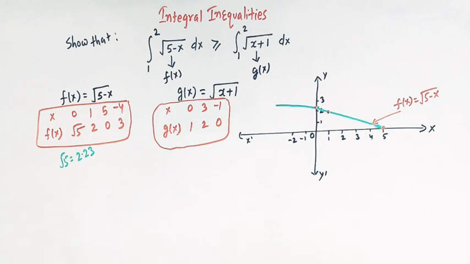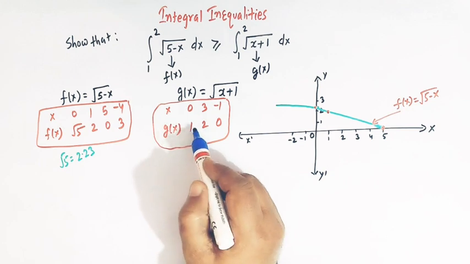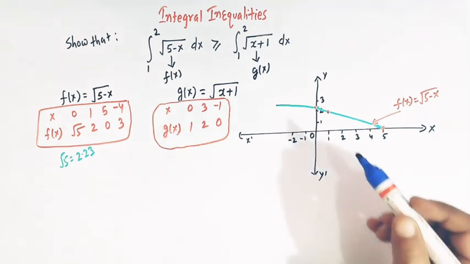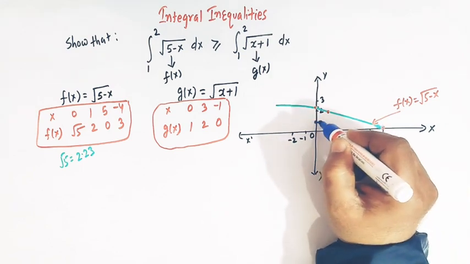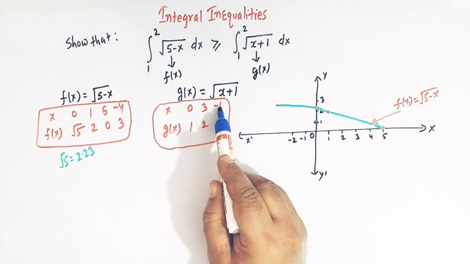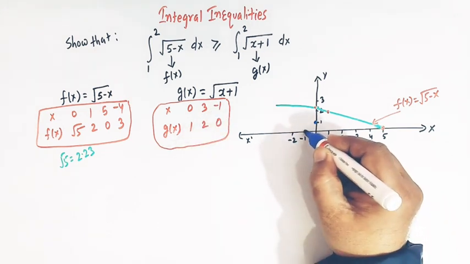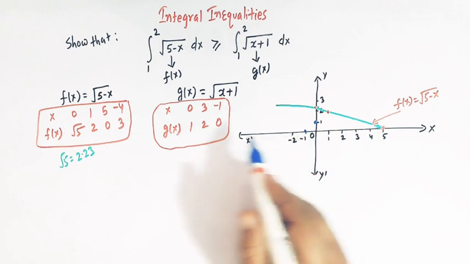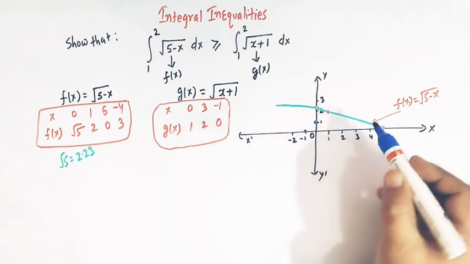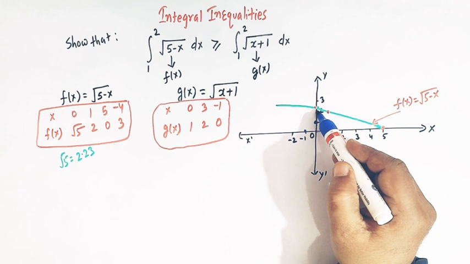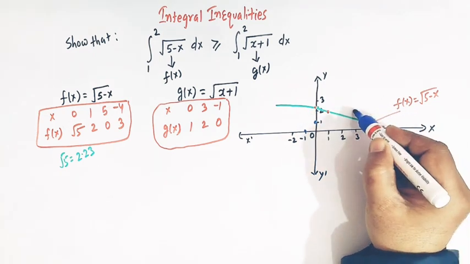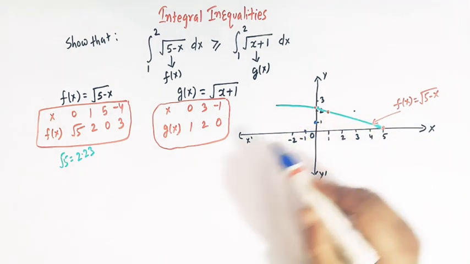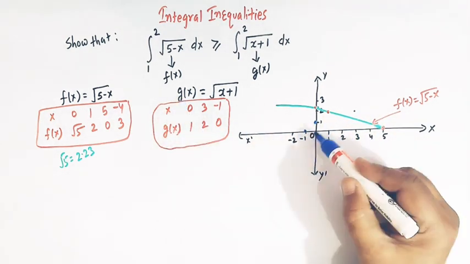Now let us plot g of x. The first point is 0 comma 1, and it lies here. Then we have minus 1 comma 0, and then 3 comma 2, which lies somewhere here. Now we can draw the graph of g of x.